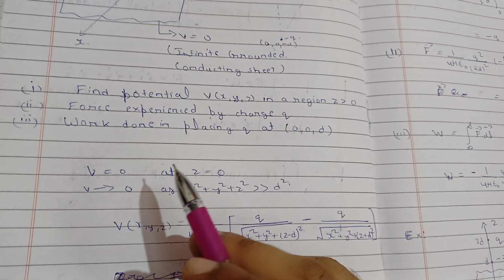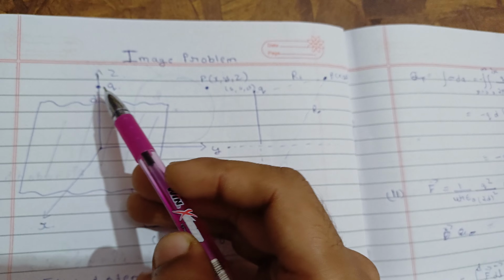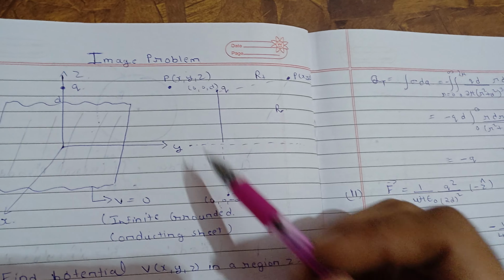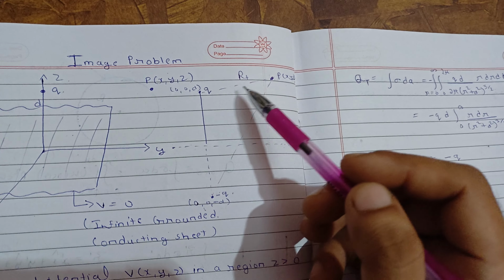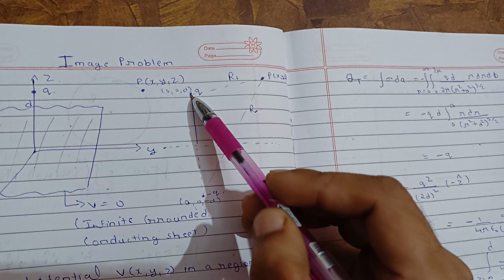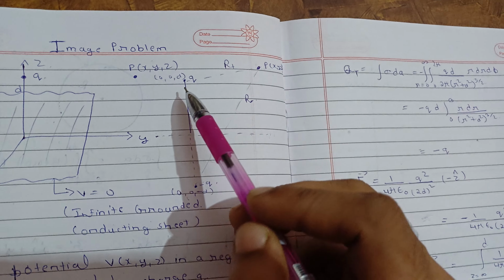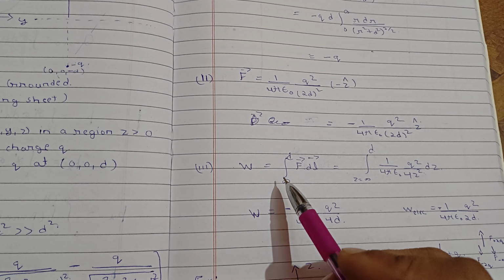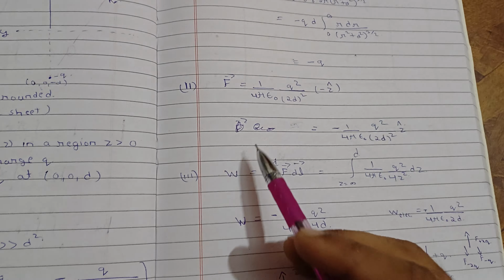The third question asks for the work done in placing q at (0, 0, d). So what is the work done required to place this charge here? So see this situation. We will calculate the work done. Work done is nothing but placing this charge from infinity to d, F dot dl, and F we already calculated.